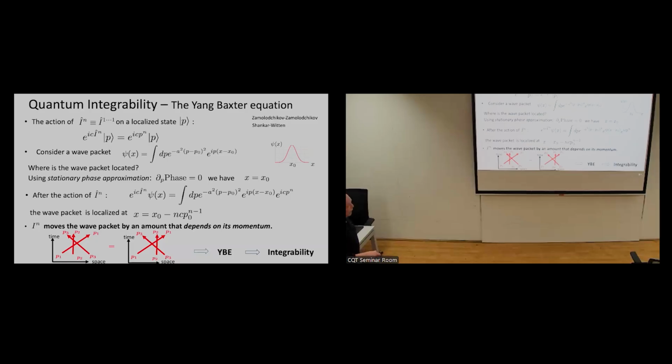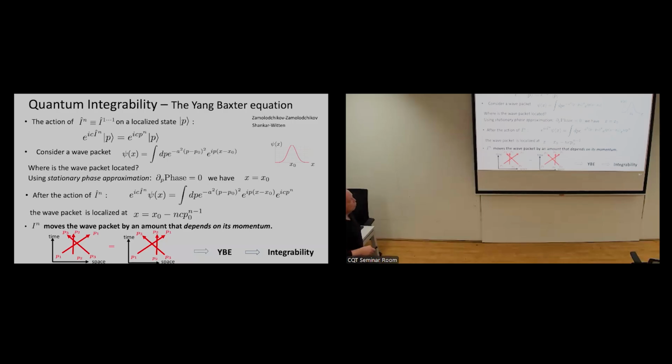So all I did is take the derivative of the phase and set p to p naught, which is where it's maximized, and I find the location is now shifted from the original value x naught to x naught minus n c p naught to the n minus 1.